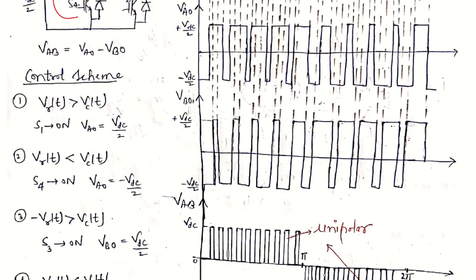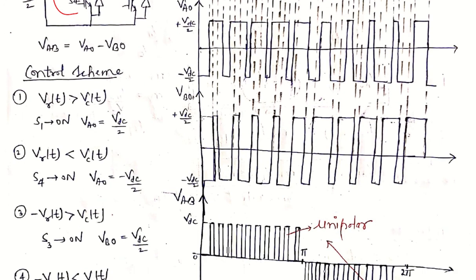So VAB is obtained as this part, because we subtract this part, and we obtain this part and this part by subtraction.